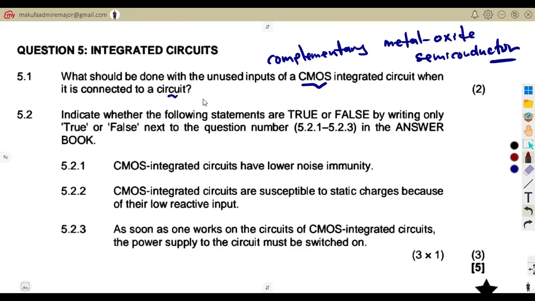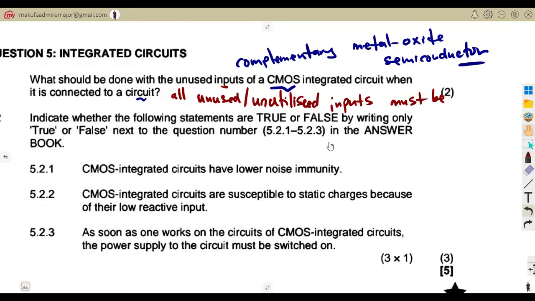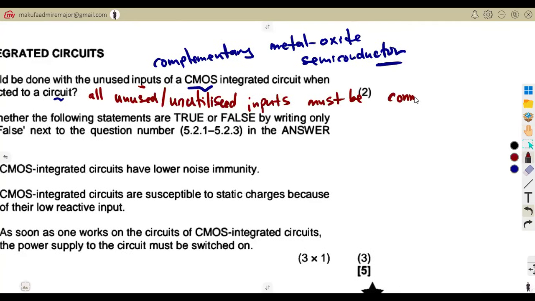All these unutilized or unused inputs, the terminals, must be connected to VDD, or it can be connected to VSS.